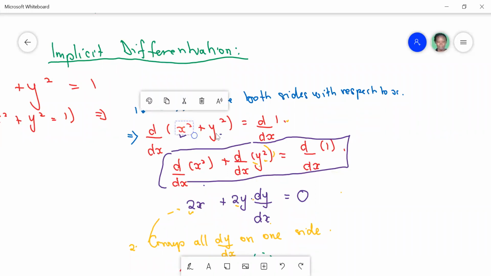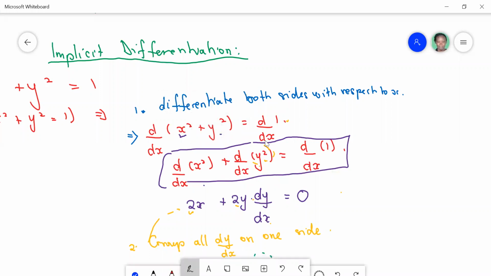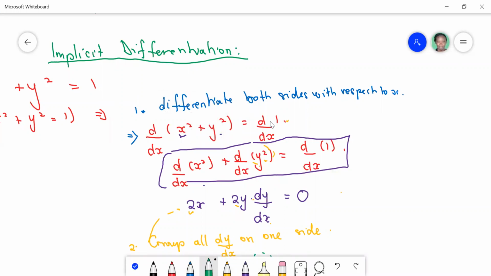When you finish, the next thing is you group all dy/dx to one side, and all the other terms at the other side. What we want to achieve is to make dy/dx the subject so that we can solve for it. So this is where we are ending today.